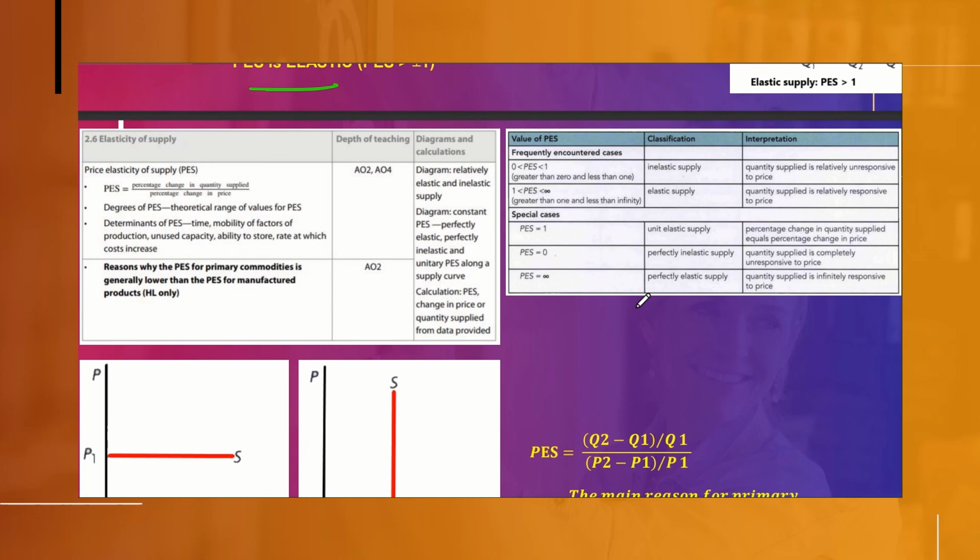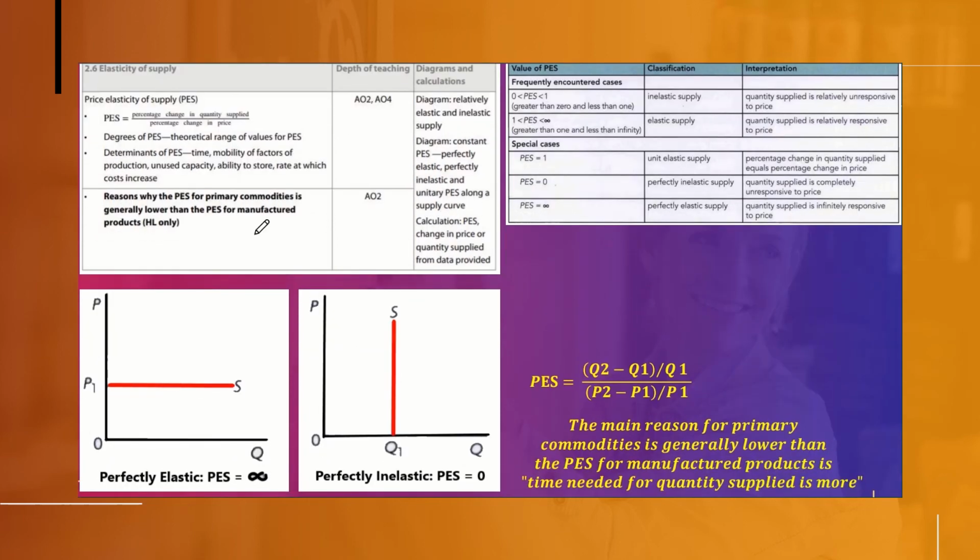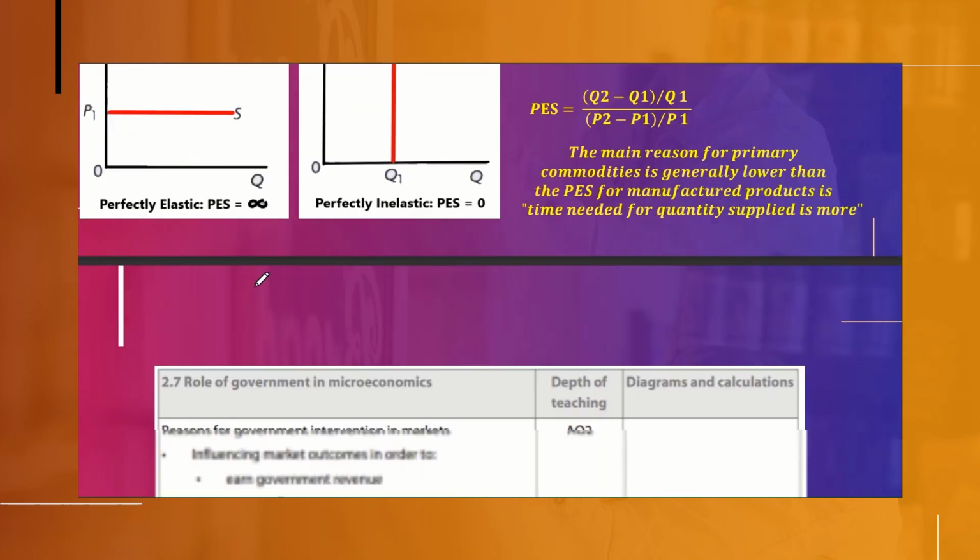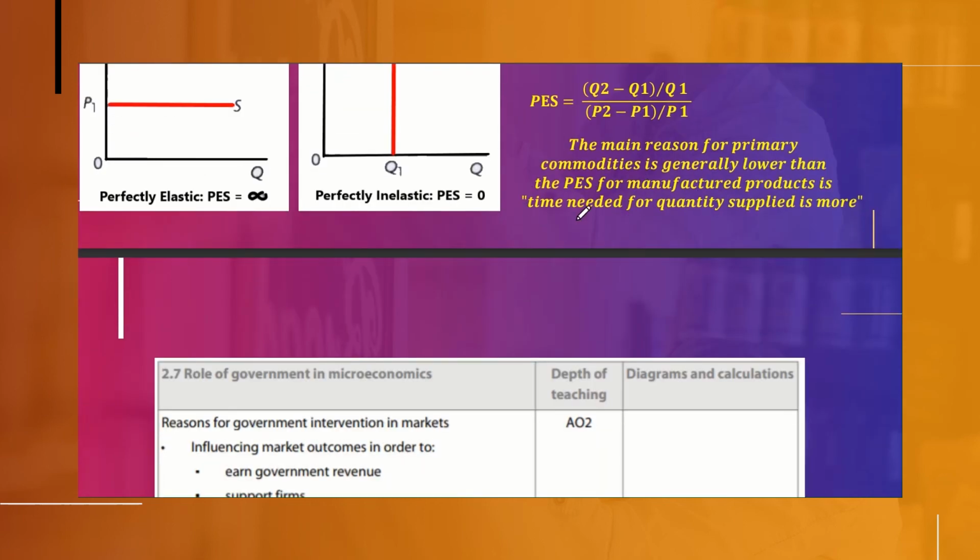And the next one is reasons why the PES for primary commodities is generally lower than the PES for manufactured commodities. So the main reason is the time needed to produce the quantity supplied is more. In the manufacturing industry, the time needed for quantity supplied is less compared with agriculture, right?